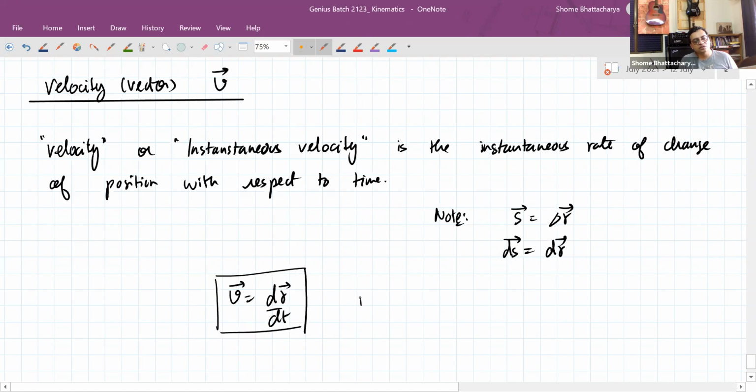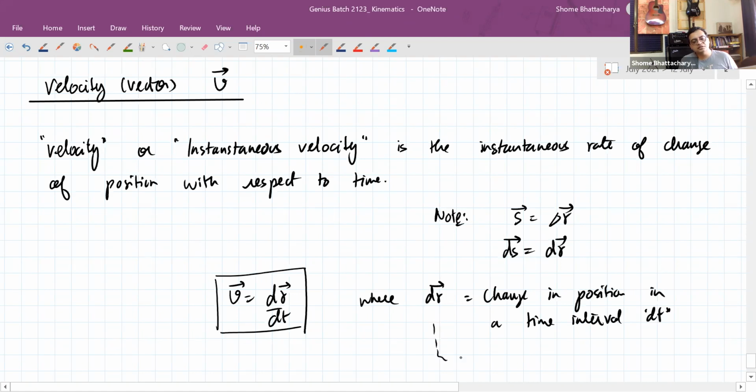So in this definition, what is happening? dr is the change in position in a time interval of dt. But that is the same thing as the displacement ds in the same time interval.